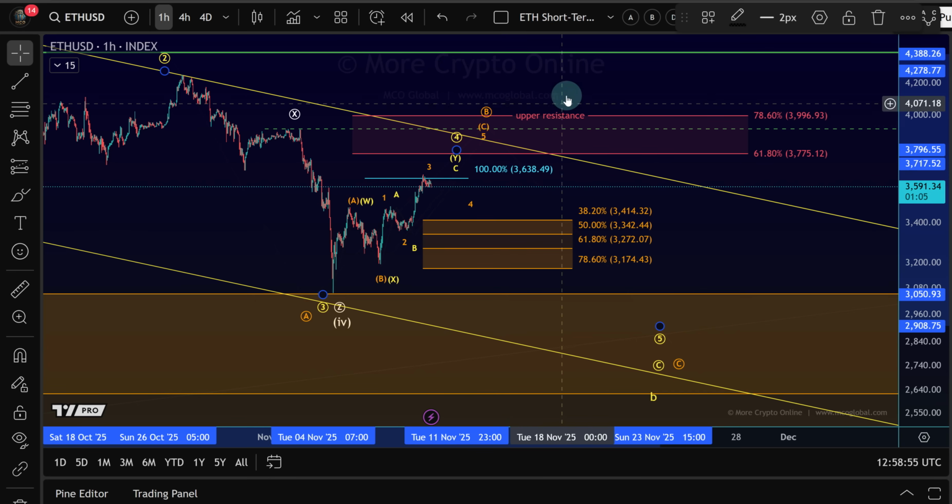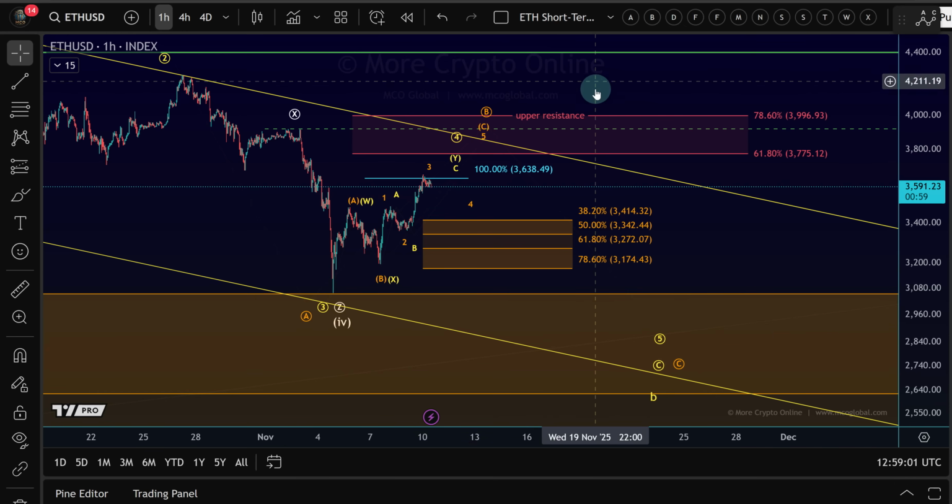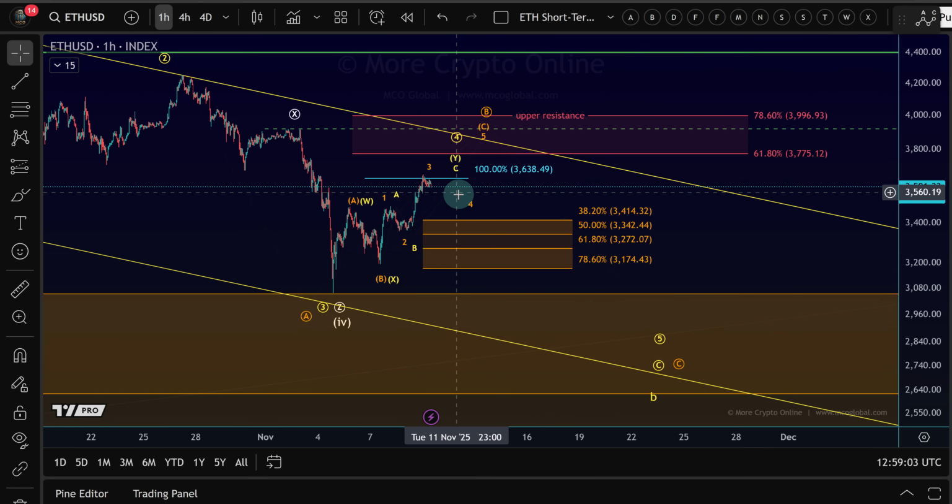So what really matters is we have key spot here within a range, within a trend channel, but really for a breakout signal, there is a lot more work needed, especially a break above 4K and the upper boundary line of the trend channel. So this is now important in the short term because we've reached key resistance. So if a pullback starts from here, all eyes need to be on the $3,174 to $3,414 area. That's the update on Ethereum.